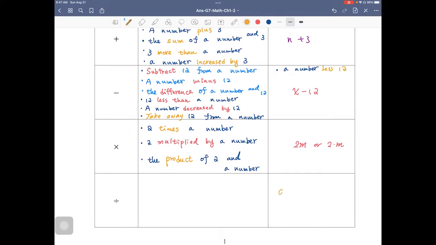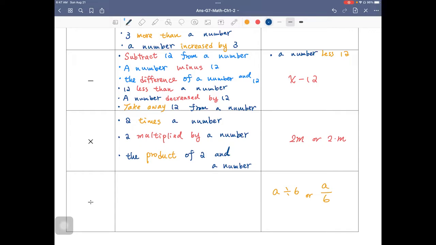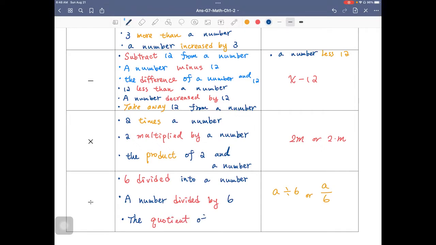Division is a divided by 6 or a over 6. So in this case, 6 divided into a number, or a number divided by 6, or the quotient of a number and 6. So it's divide or quotient.